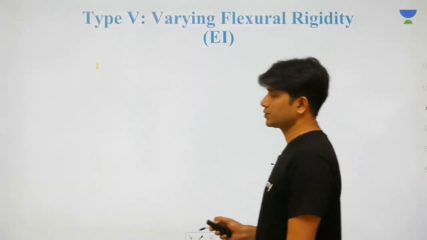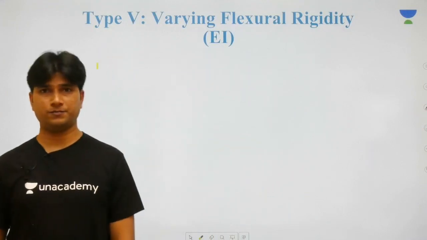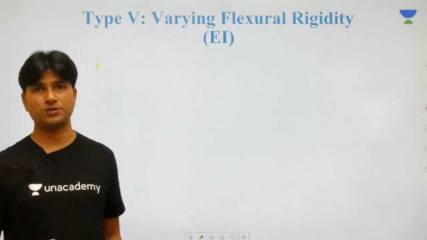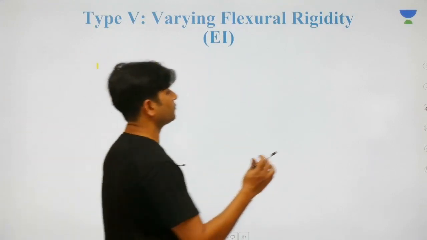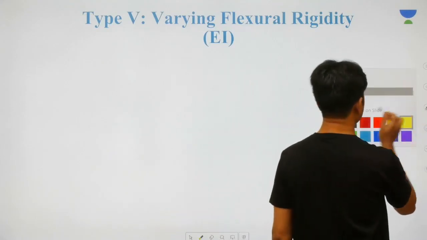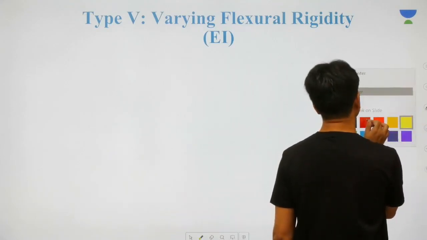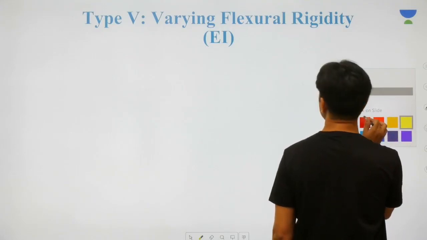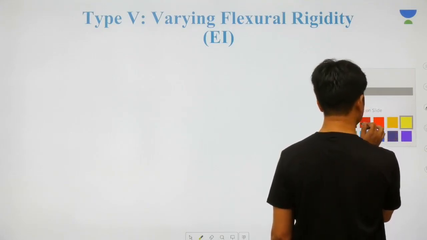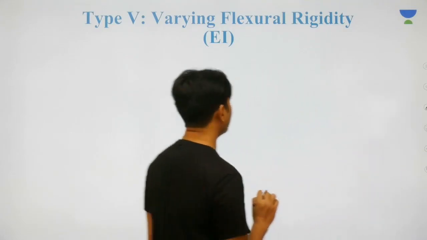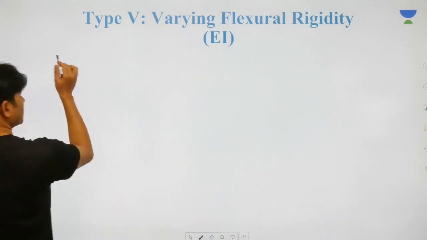Now let me take you to the last type of cantilever beam slope and deflection problems. The last type of cantilever beam slope deflection problems is based on varying flexural rigidity, that is varying EI value. How to solve such problems?